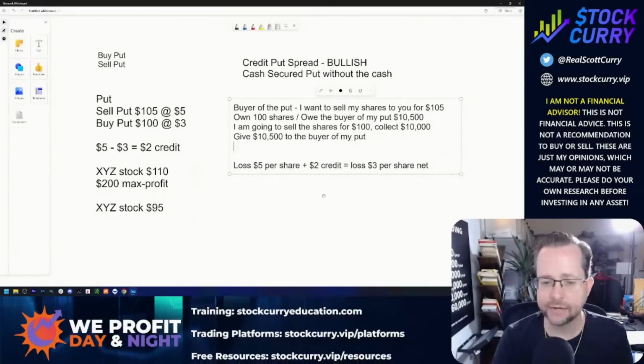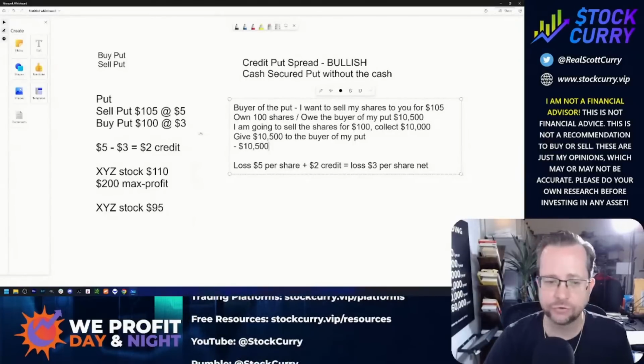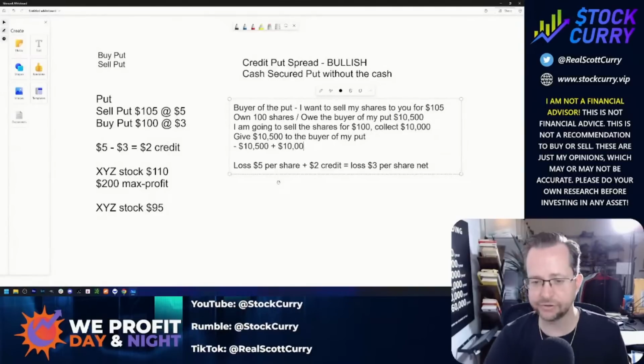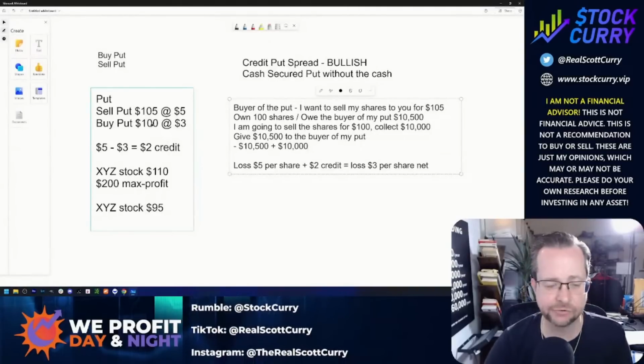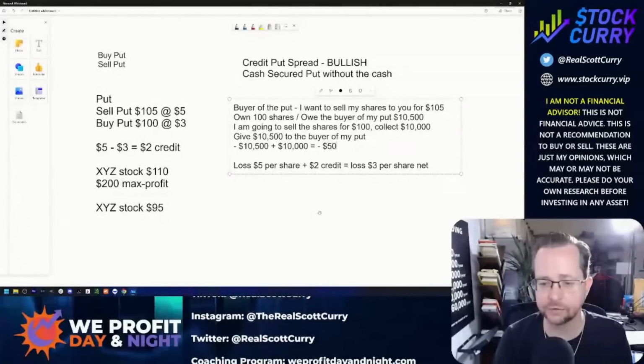And the net is I had to give away $10,500 to the buyer of my put, but I collected $10,000 by selling those shares at $100. That's a net loss of $500.